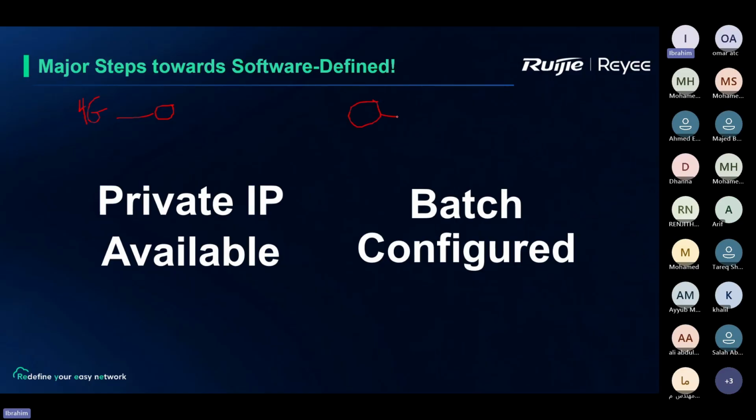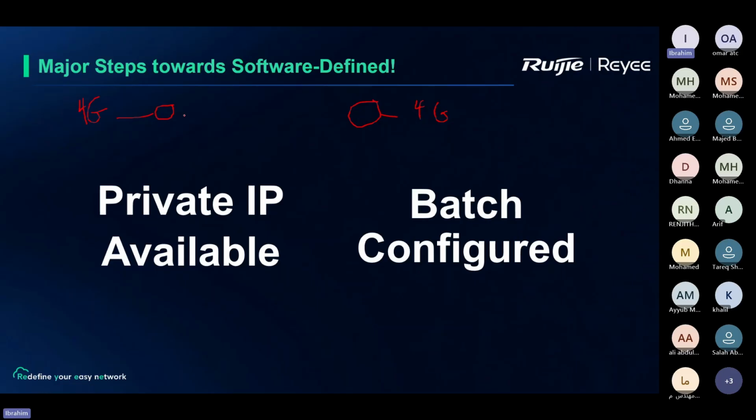Because, as you know, 4G and 5G do not give a public IP, they always give a private IP. After that, the ISP makes the NAT in their ISP platform. So it gives you a private IP and makes the NAT in their platform.